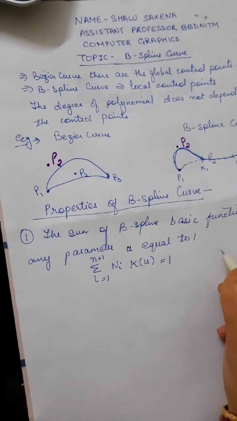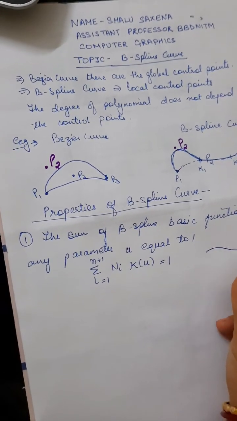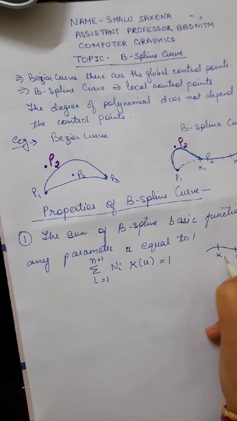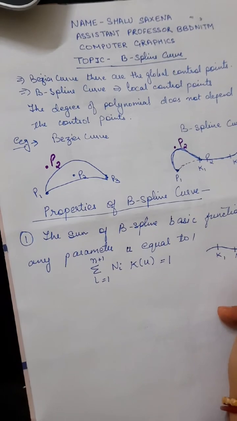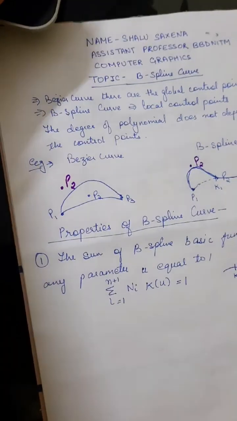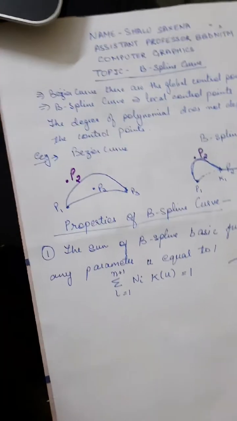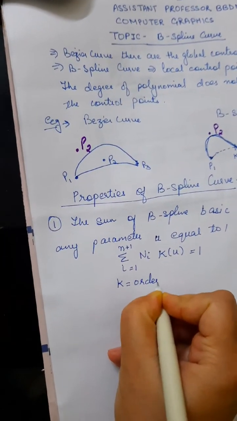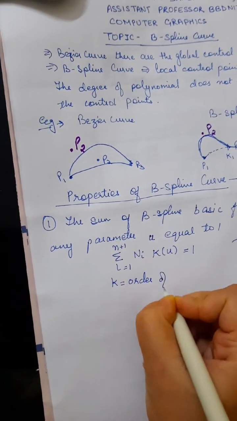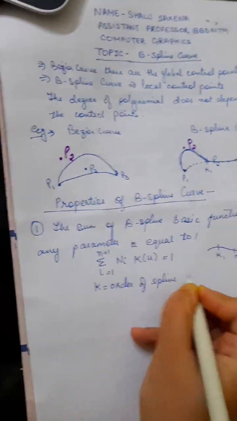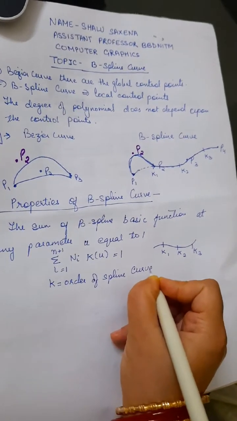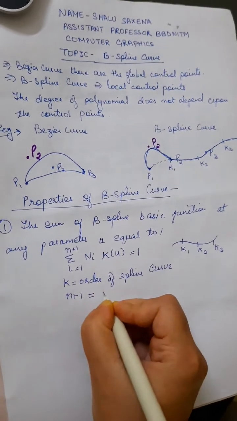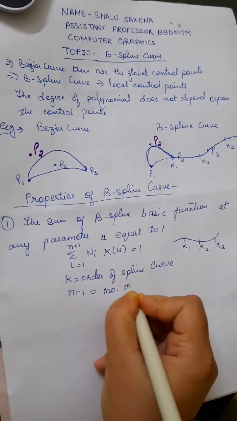So already I told you that the whole curve is divided into K1, K2 and K3. These are the order of K, where K is the order of the spline curve and n plus 1 is the number of control points.